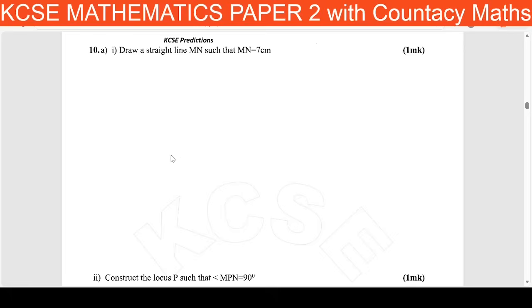You start from where the 0 mark is. If you start from where the 1 mark is, you are likely to measure fewer units. Therefore, we start from where the 0 is, and then you draw a very straight line like that until where the 7 centimeter mark is exactly there, and then you say that that line is MN.